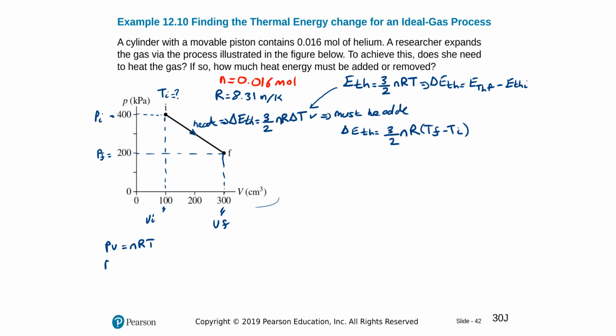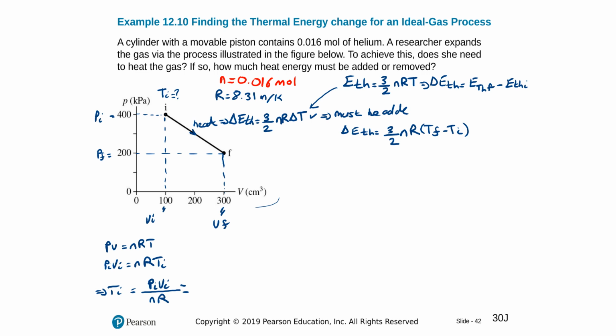So I'll have P initial V initial equals nRT initial, and solve for T initial. T initial will be found by dividing each side by nR. P initial V initial divided by nR. I know everything, so I can solve for T initial easily.